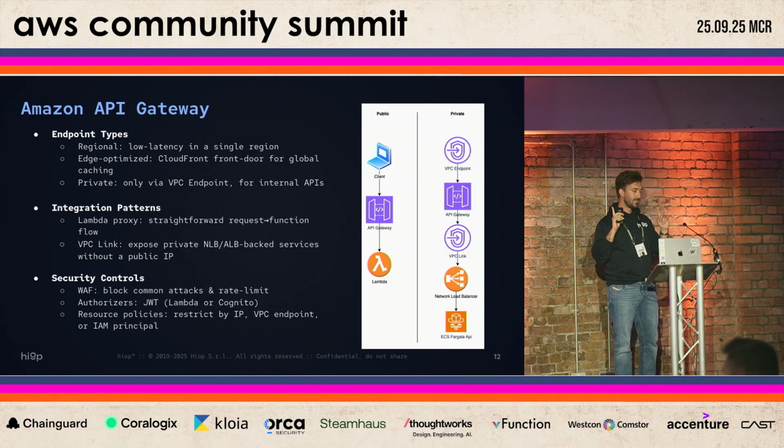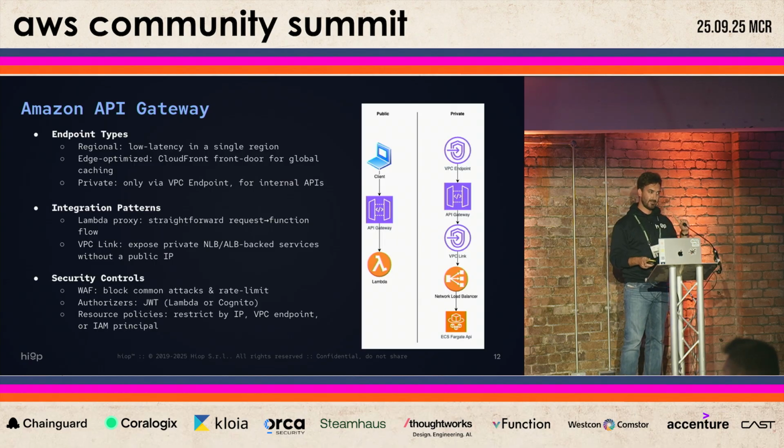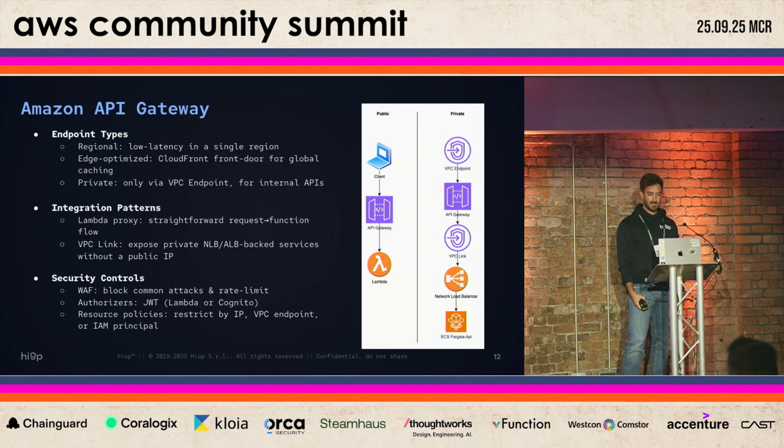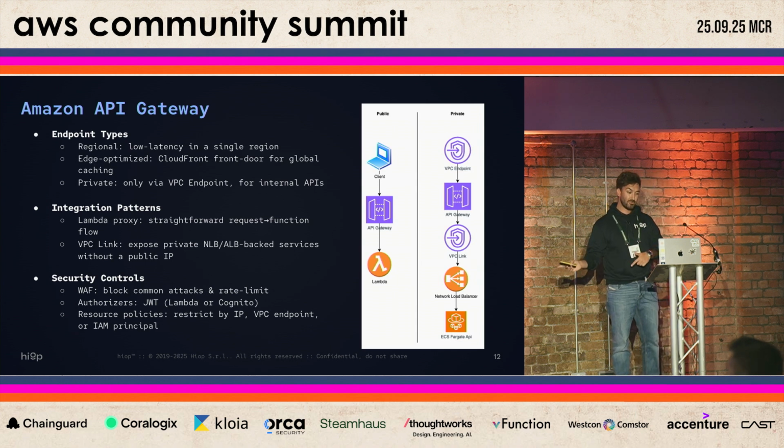Some important best practices when you are building API Gateway: always use WAF, a firewall that blocks the common attacks when you are exposing your APIs, and that also lets you control the rate limit in order to avoid massive requests to your API. Also, try to use authorizers.